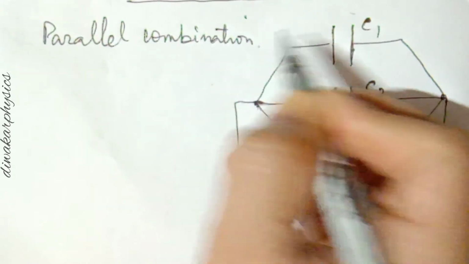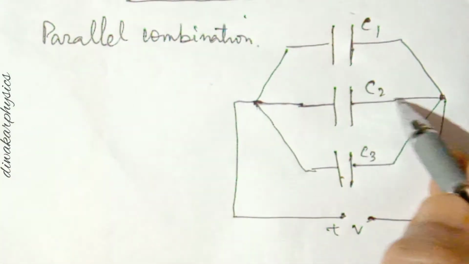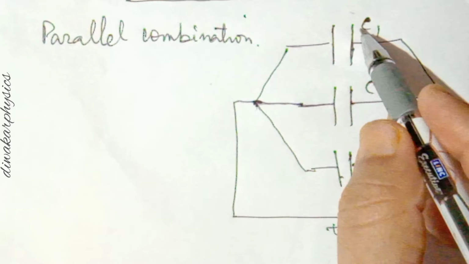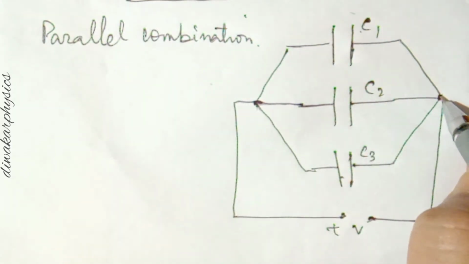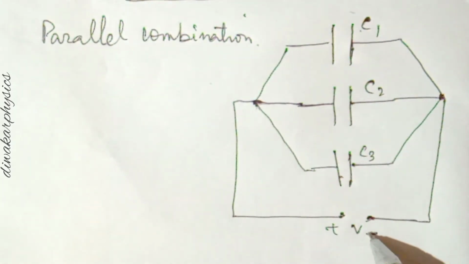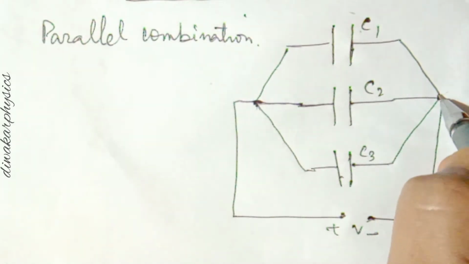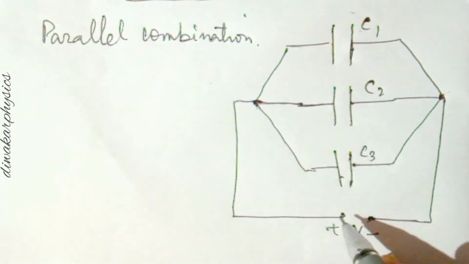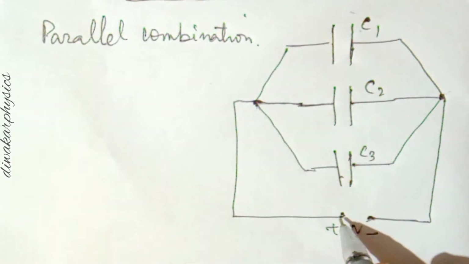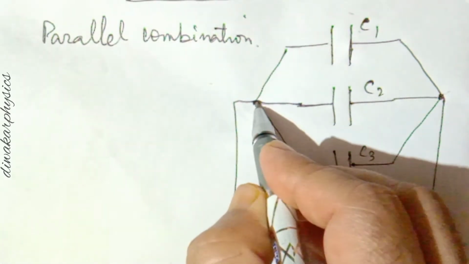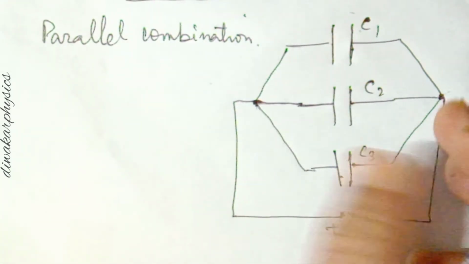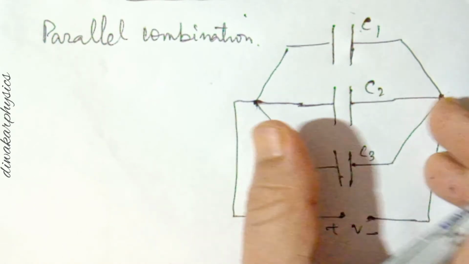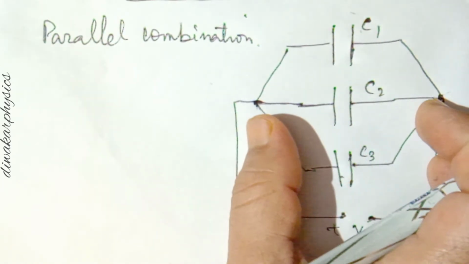Now one interesting point here: as these plates are connected to this point, which is connected to the negative terminal, it will have some potential here, and the other ends are also connected together to the positive terminal, so these 2 points have some potential, and that's why they have a potential difference.